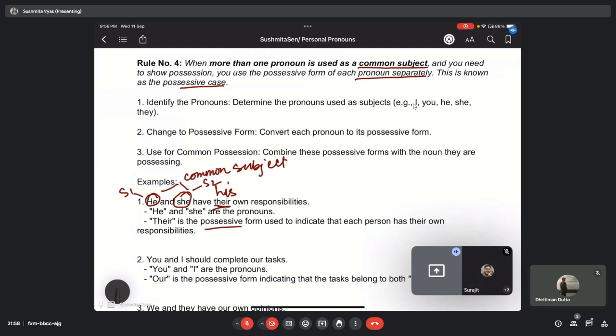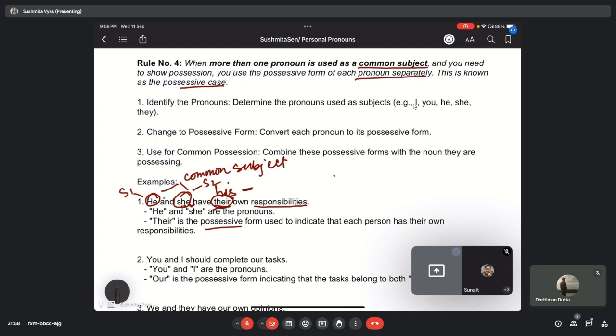Both he and she together are a common subject. Here responsibilities is possession. So how will you show this possession? You cannot use his, because his would mean it is only he's responsibility. What is she doing in this sentence? This is also her responsibility as well, right? So we have to use their.